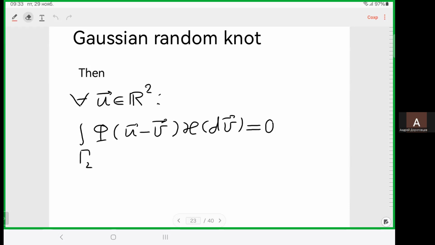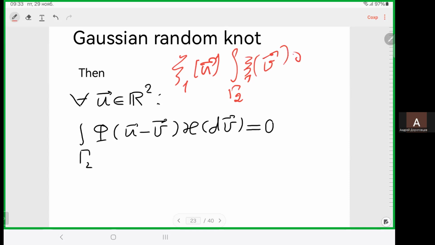I just consider psi1 of u, multiplied by this integral of psi1 of v kappa(dv), and then take an expectation.